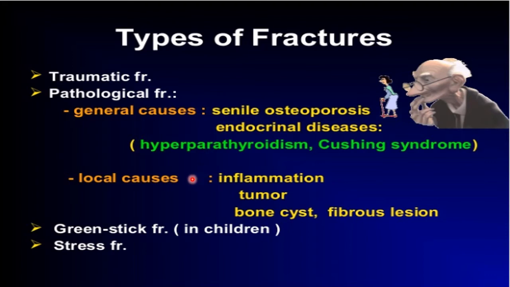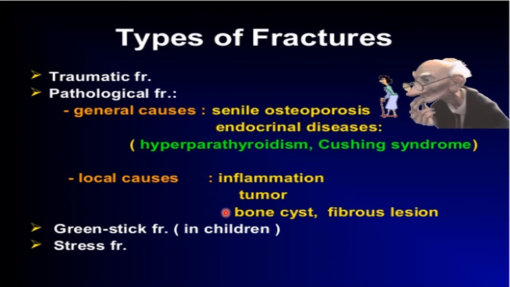There are local causes which can make the bone susceptible to fracture. Local pathologies like inflammation or an infection, for example, osteomyelitis of the bone or infective tuberculosis of the bone. Then there can be bone tumors which can grow inside the bone and erode the bone cortex and make it very weak, and the bone can fracture.